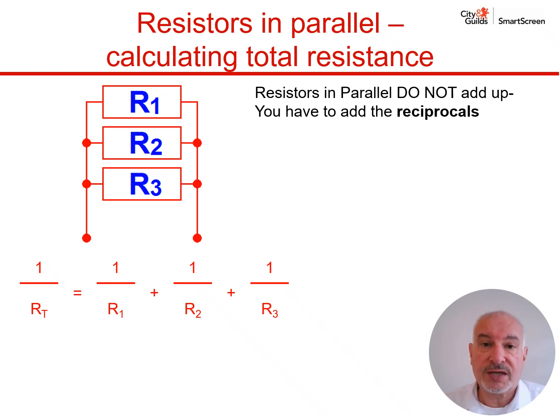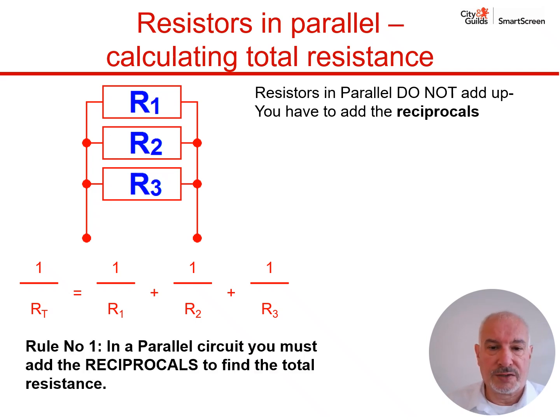So 1 over RT means the reciprocal of the total resistance, and we get that by adding the reciprocals of each of the resistors. So that's the rule we must remember for a parallel circuit, and that is that the resistance is found by adding the reciprocals. So in a parallel circuit you must add the reciprocals to find the total resistance.